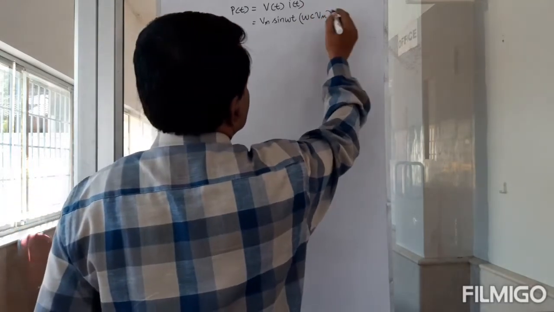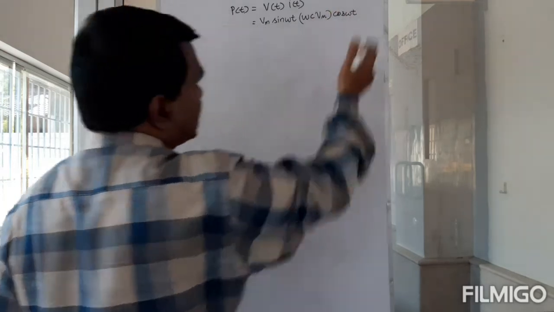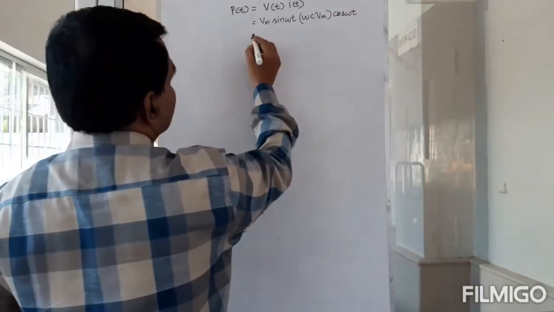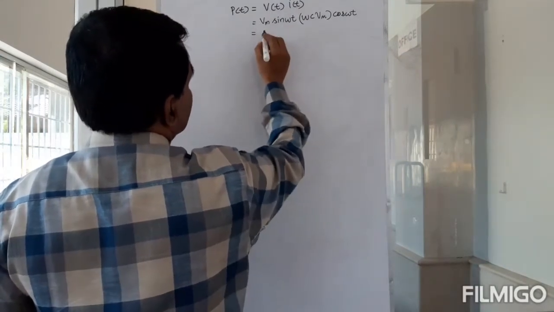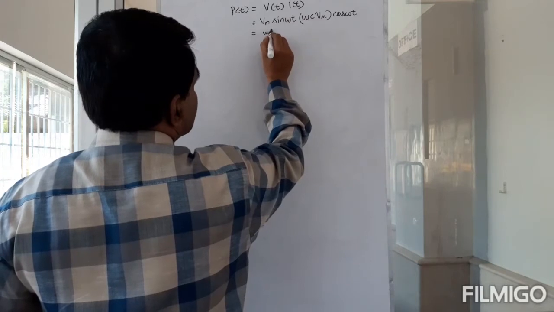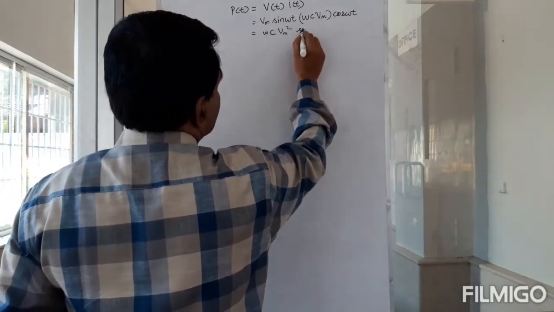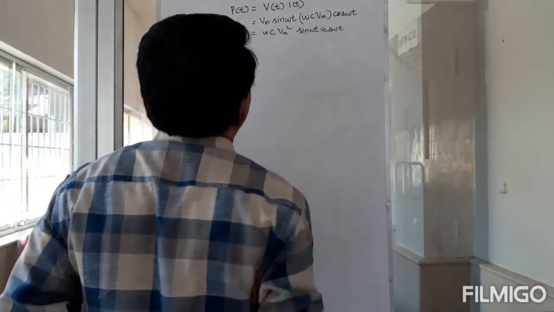This is Im cos omega t, or sin omega t plus pi by 2. So this is what you have. So when you group these things together, then you can get omega c, then Vm squared, and then sin omega t cos omega t.